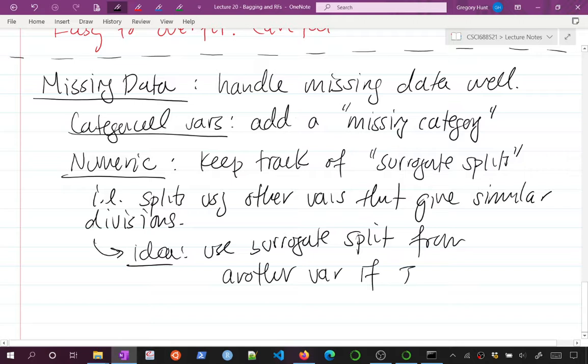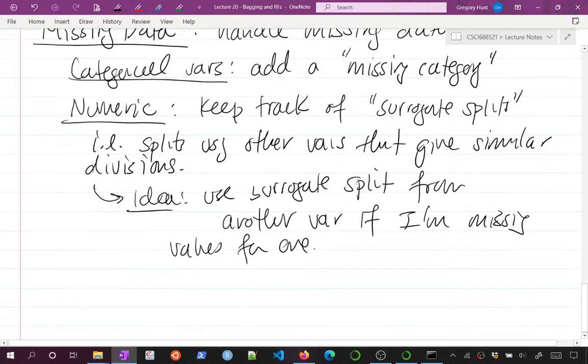If I'm missing values for x1, if I get to a point in my tree and I have to go either left or right depending on what the value of x1 is, but I'm missing x1, what should I do? Well, if I have in my back pocket a surrogate split, if I split on x5, that will be similar.